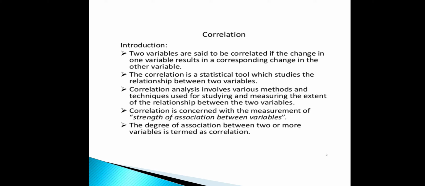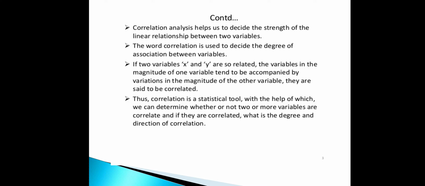Correlation is concerned with the measurement of strength of association between variables. So the degree of association between two or more variables is termed correlation. Studying all these points about correlation, we can define it as an analysis which helps us decide the strength of the linear relationship between two given variables.